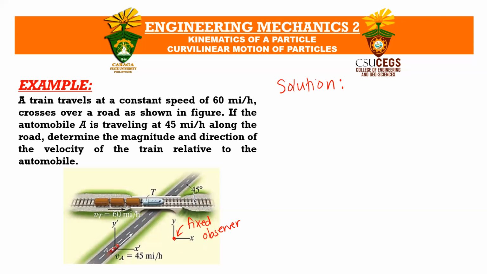And the second reference frame, which is your translating axis, defined with x prime and y prime, is located on, or moving with, the automobile A. So here, this is your translating axis, where this automobile is your translating observer.